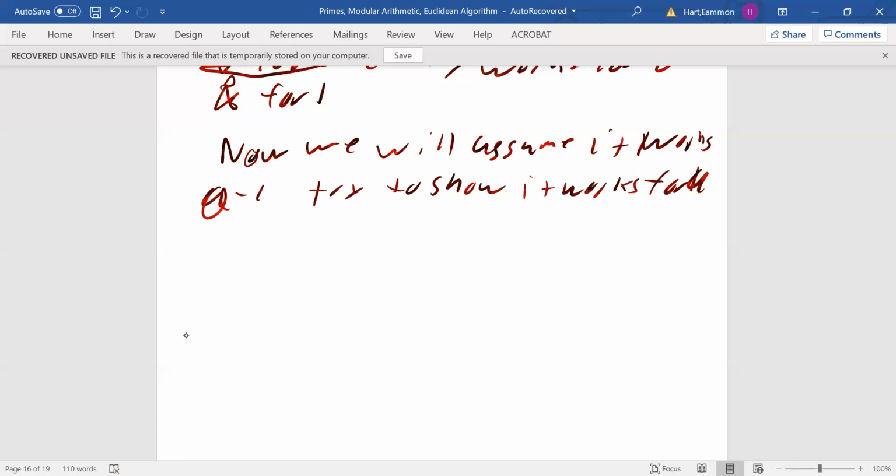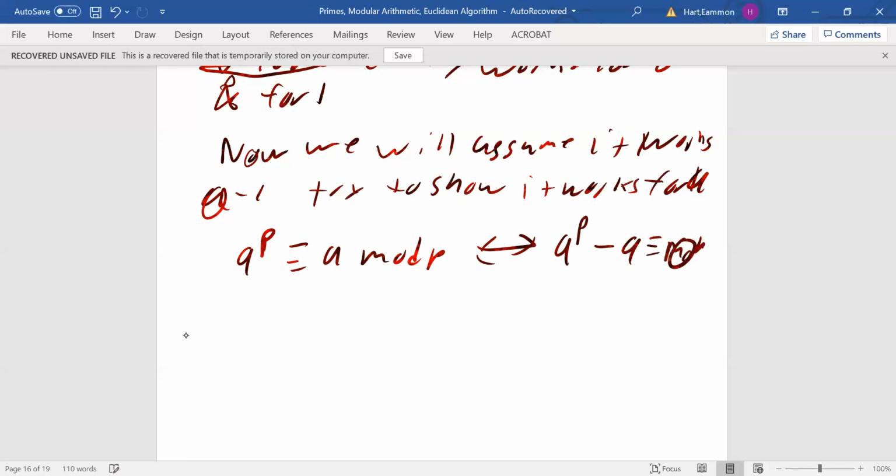So a to the p is equal to a mod p is equivalent to saying that a to the p minus a is congruent to 0 mod p. So we can just rewrite it like this, and then we can factor this guy out as a to the p minus 1. Sorry, not like this.